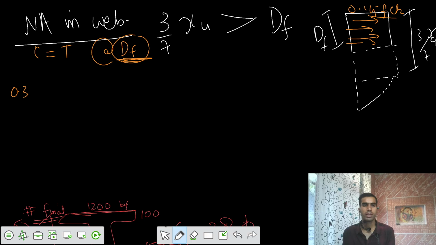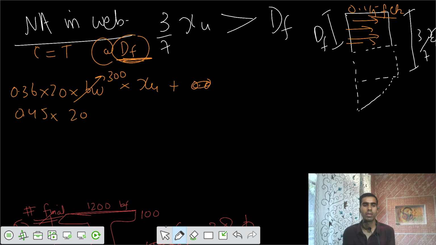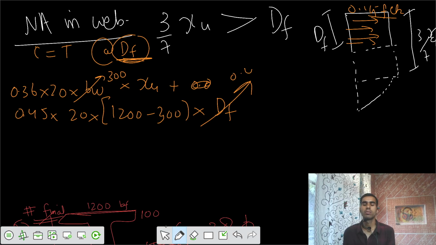So I would say 0.36 FCK BW, that is 300, and we have XU, plus 0.45 FCK, BF minus BW, multiplied by DF. DF is actually 100, and that total C force we have to equate to the total T force, 0.87 FY AST.